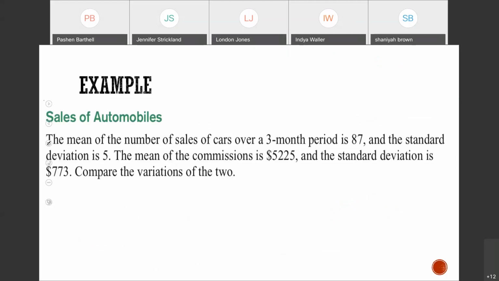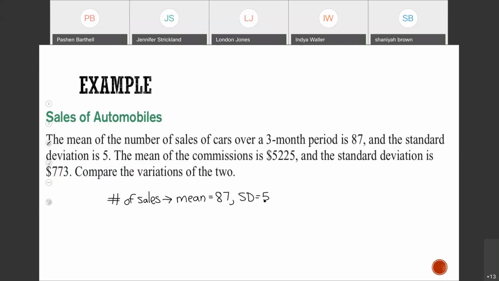All right. So let's write number of sales. And they tell me that the mean is 87, and the standard deviation is 5. I'm just going to do SD for standard deviation. Okay, so that's the first sentence.